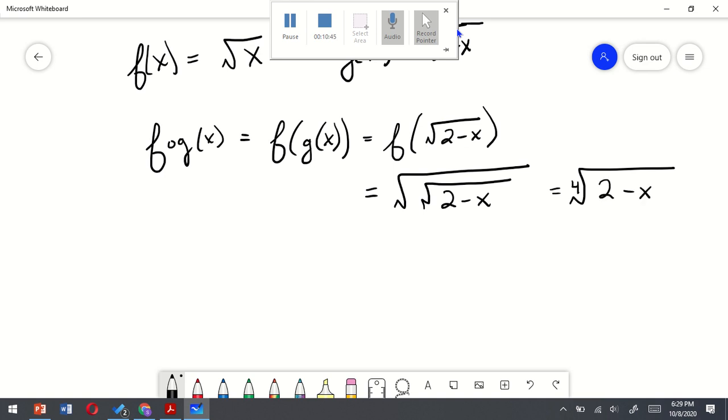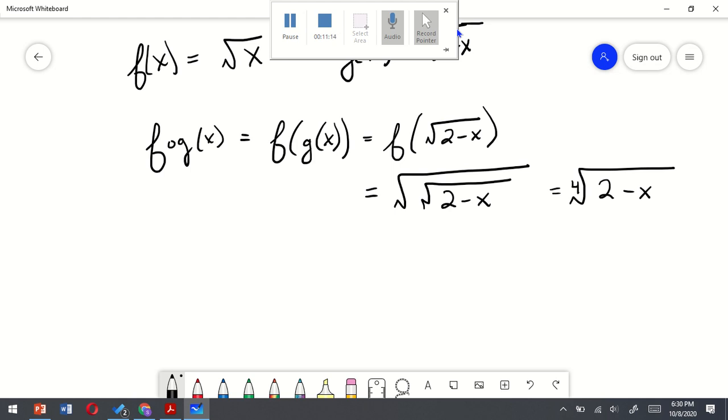And how about a domain here? What sort of numbers would be okay for the domain? What numbers can be the inputs? Well, I can't take the square root of a negative. I'm sorry, the fourth root of a negative. That's not allowed. So if 2 minus x makes a negative number, it's not okay. It's okay for it to be 0 or anything bigger.